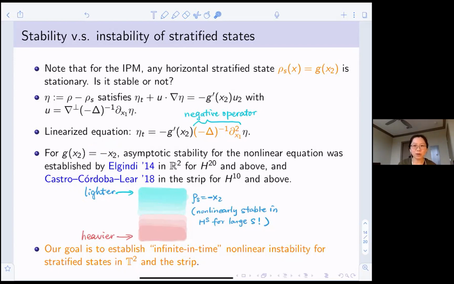And our goal is to work in this reverse direction. We want to show the nonlinear instability for the stratified state in both the torus and the strip. Usually nonlinear instability is done by looking at the linearized equation to first prove the linear instability and then upgrade it into the nonlinear one.